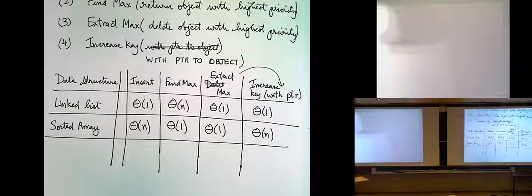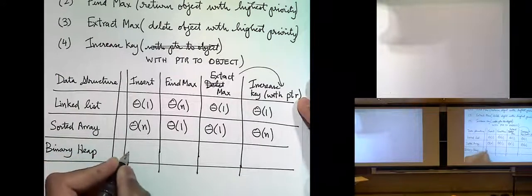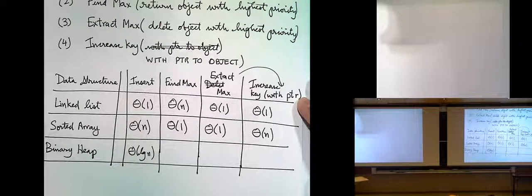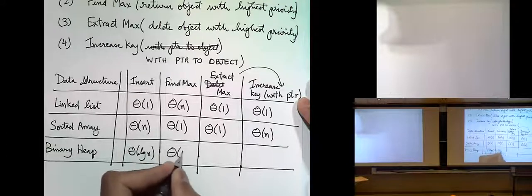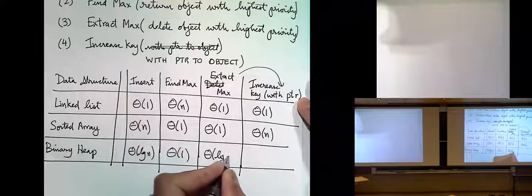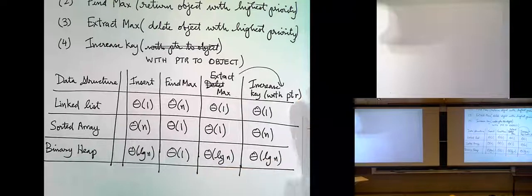Essentially what a binary heap does is give you the best, okay, but it doesn't give you theta 1, it gives you theta log n, which is pretty small as we saw. So a binary heap does an insert in logarithmic time, a find max in constant time, an extract max in logarithmic time, and an increase key in logarithmic time.